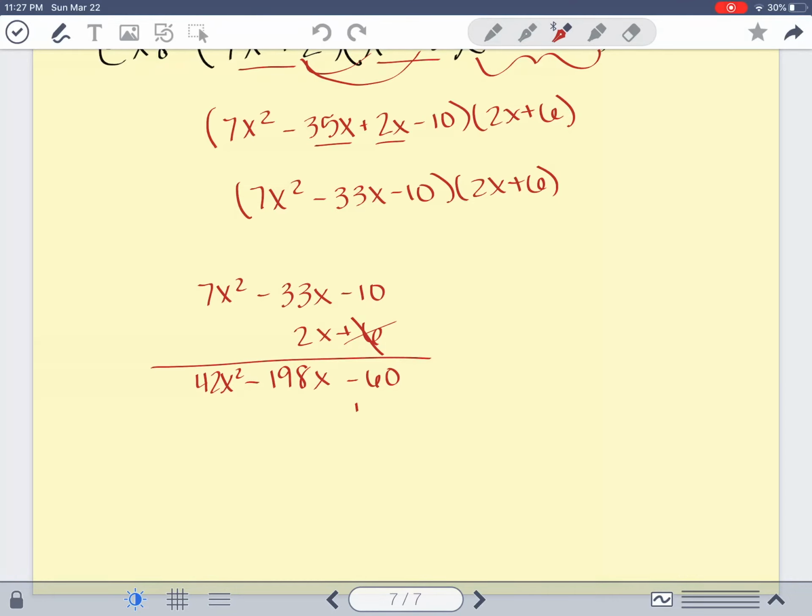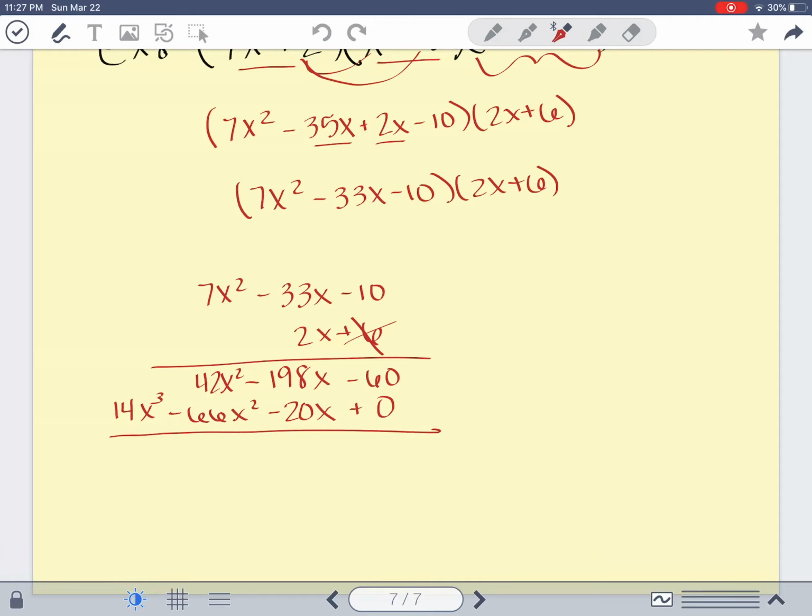Now I'm going to do 2x times negative 10. I don't get a constant, so I'm going to go ahead and put my 0 there, my little filler. 2x times negative 10 gives me a negative 20x. 2x times a negative 33x gives me a negative 66x squared. And then 2x times 7x squared gives me 14x cubed.